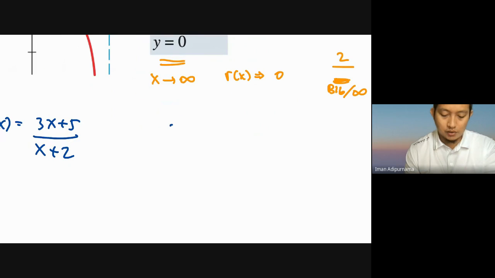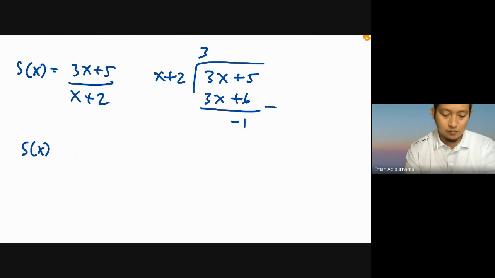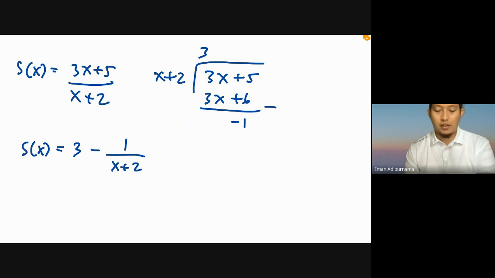First, we just use our long division. This is 3x plus 6, and we get this is negative 1. So we will have 3 minus 1 over (x plus 2).